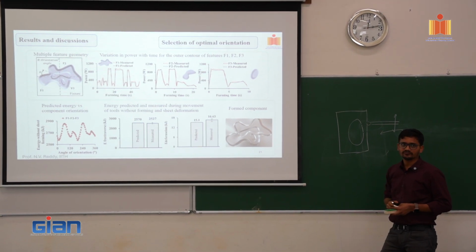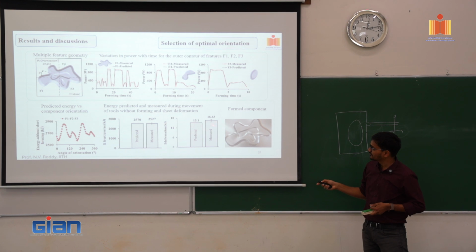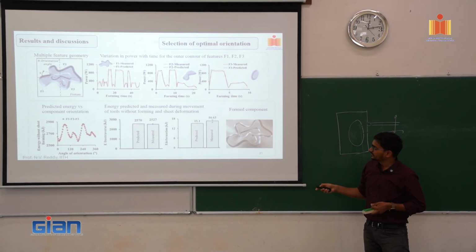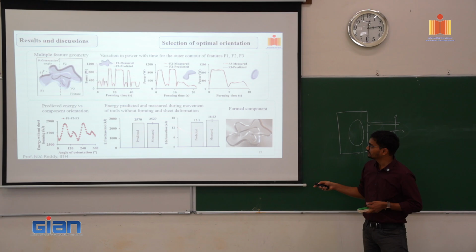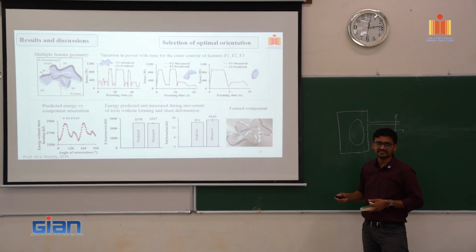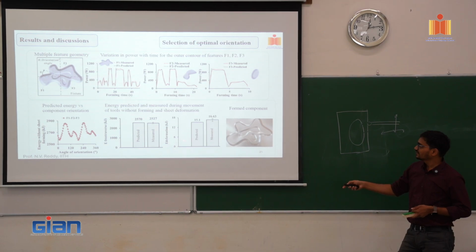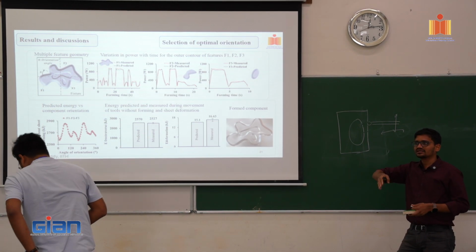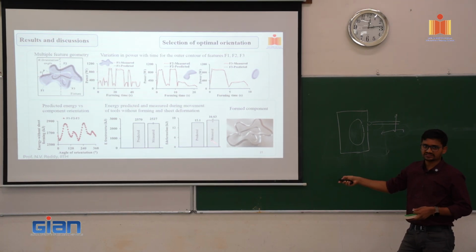Now here you see a very interesting result. The energy for the free traverse is almost 3000 kilojoules, but the plastic energy of deformation is only 15 to 16 kilojoules. Which means that most of the energy is coming from the machine itself, because you need to move the axes of the machine. It is not coming from the process.